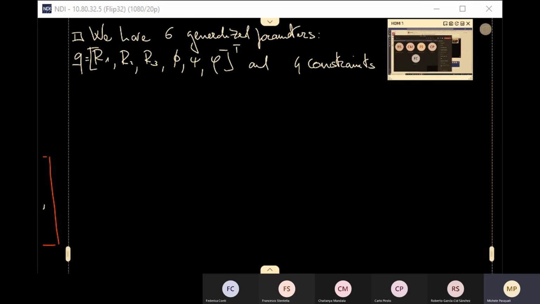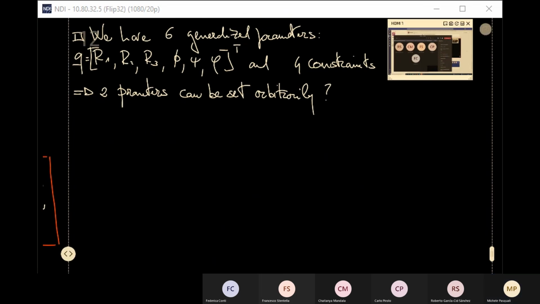So it would appear that only two parameters can be set arbitrarily. Is this true? Well, if you think about it, this is the case.